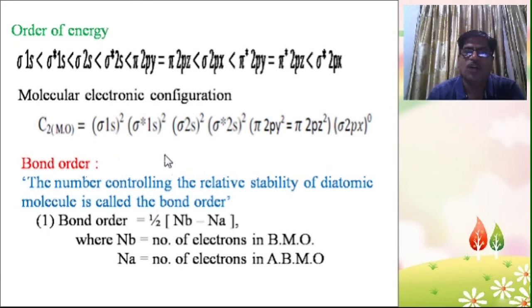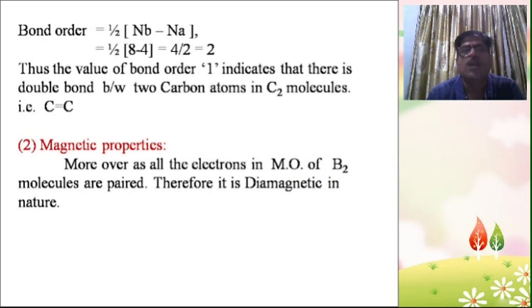So what is the bond order of the C2 molecule? The number controlling the relative stability of a diatomic molecule is called the bond order. Bond order is 1/2 (Nb minus Na), where Nb is the number of electrons in BMO and Na is the number of electrons in ABMO. The number of electrons in BMOs is 8 and in ABMOs is 4.